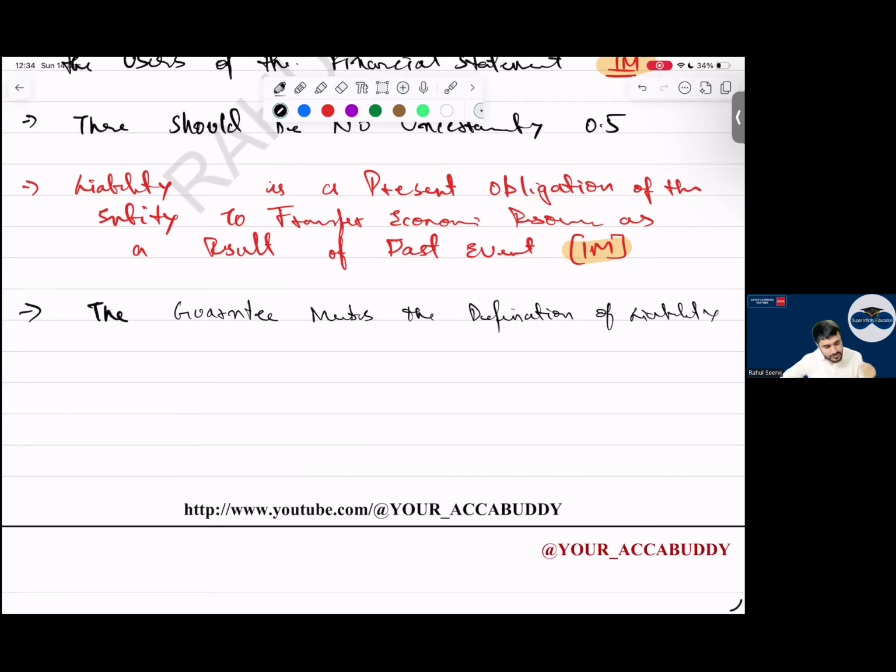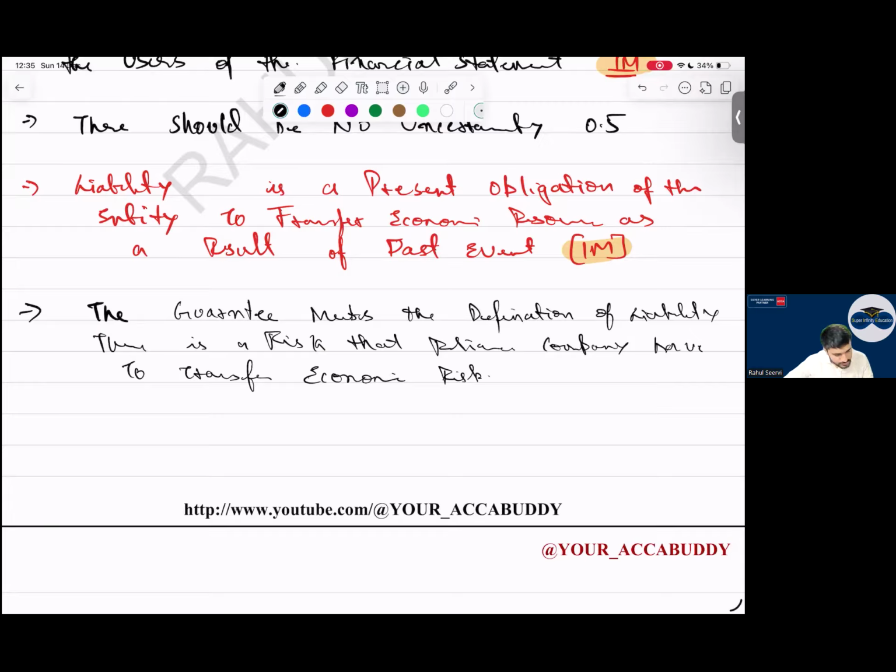Can I say there is a risk that Reliance company has to transfer economic resource if King defaults? Yes, sir. The guarantee meets the definition of liability. There is a risk that Reliance company has to transfer economic resource if King will default.